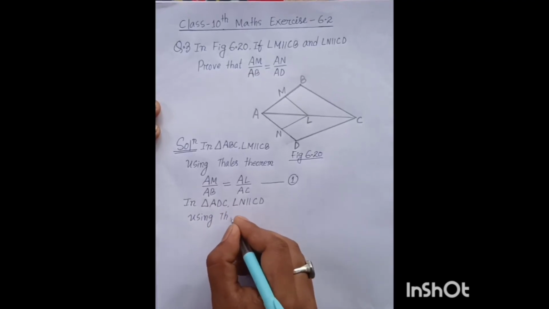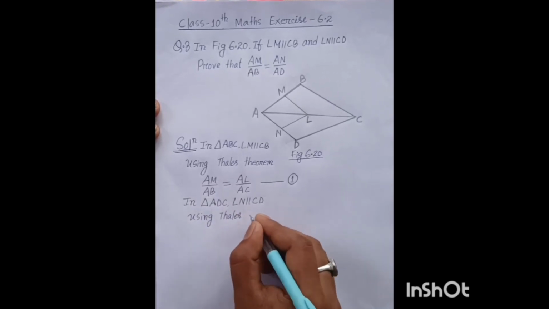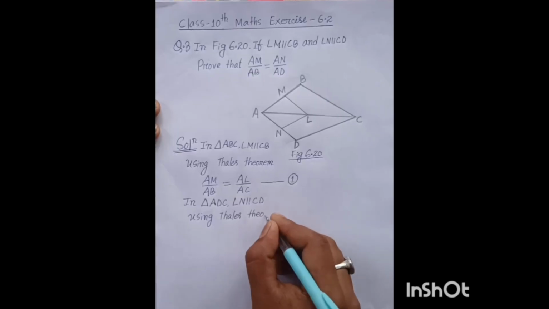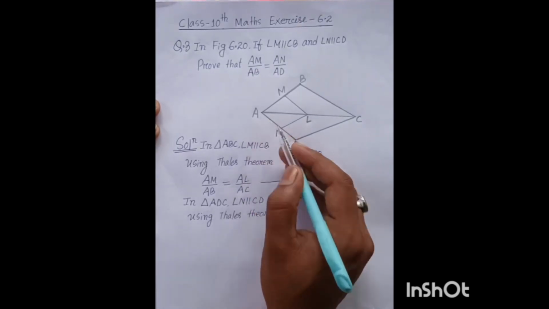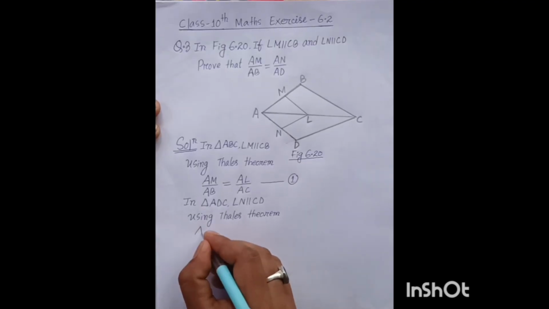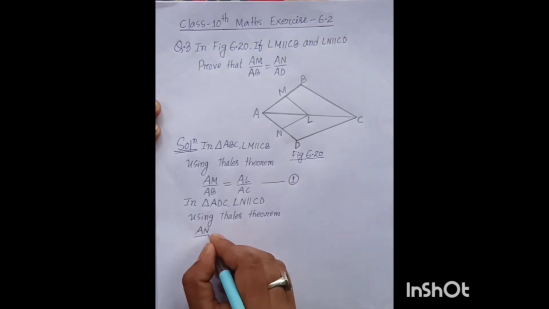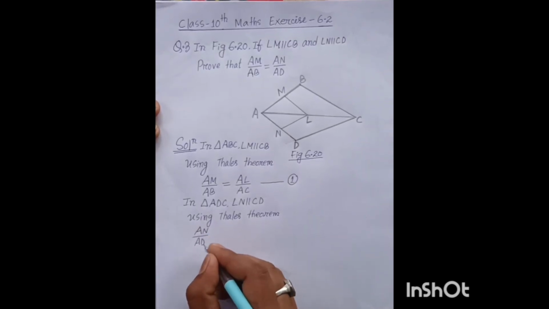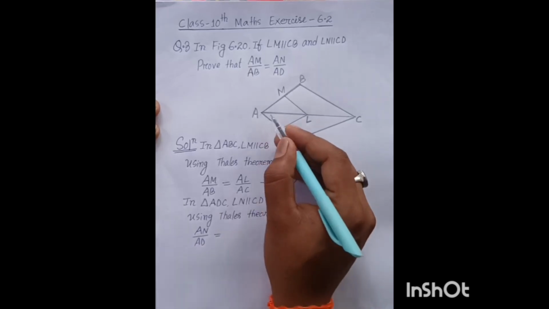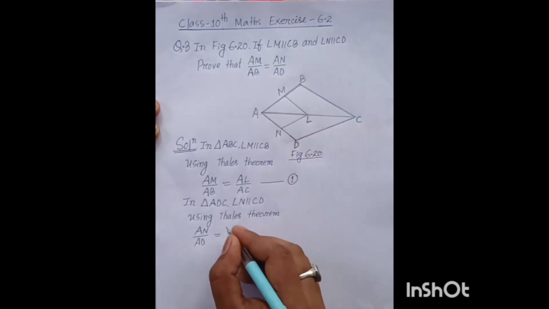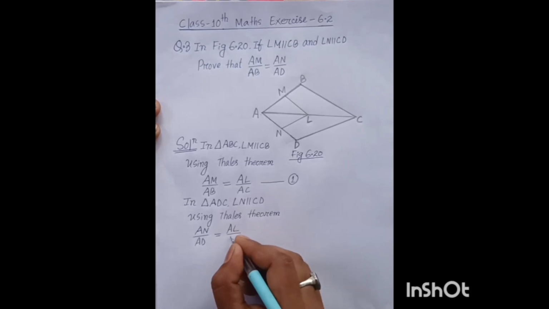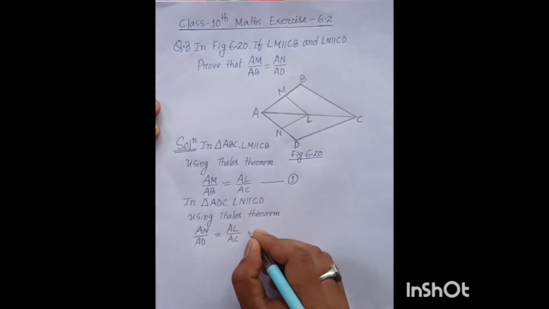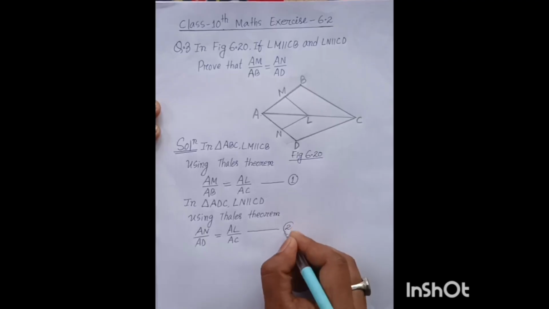So using Thales theorem, AN by AD equal to AL by AC. So give this equation number 2.